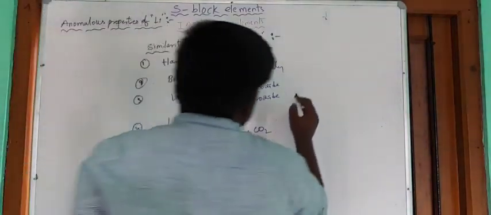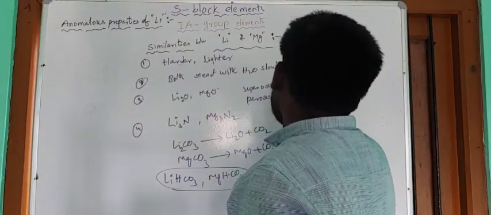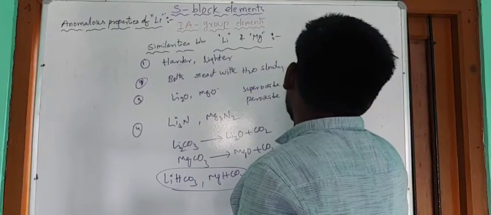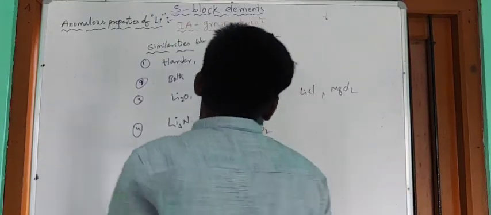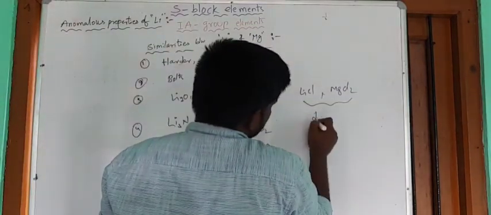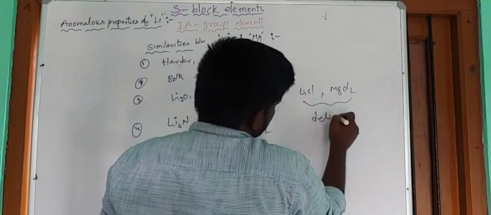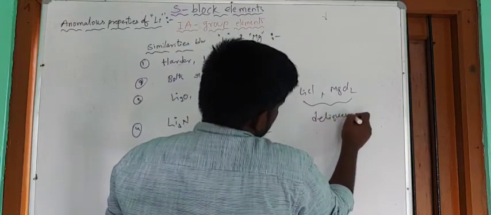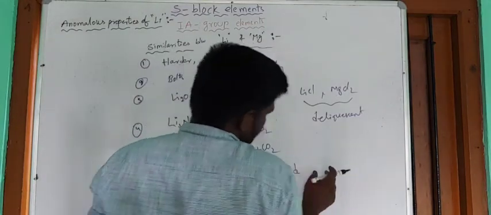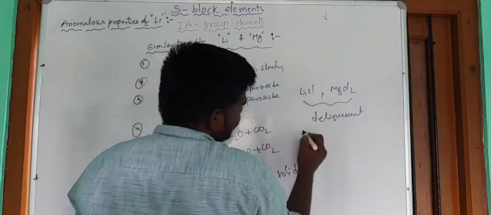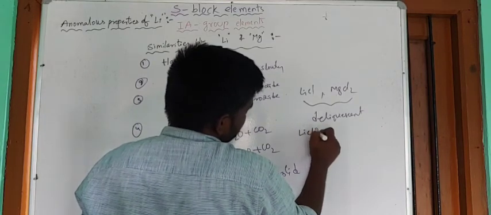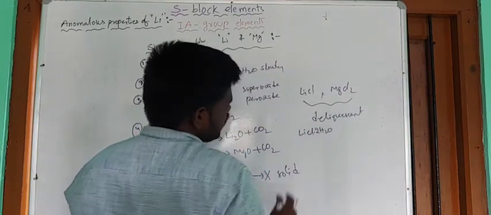And next one, the chloride of lithium and the chloride of magnesium, LiCl and MgCl2. These two are deliquescent salts. Already I told you, in the atmosphere they can absorb water molecules and exist as hydrated salts.